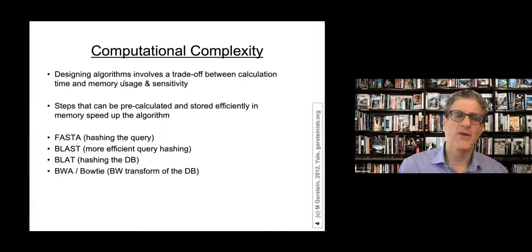I should point out that you don't get something for nothing. What's happening in a lot of these algorithms, as we're going to talk about, is that they're trading speed for sensitivity.